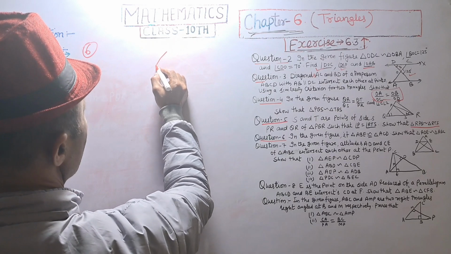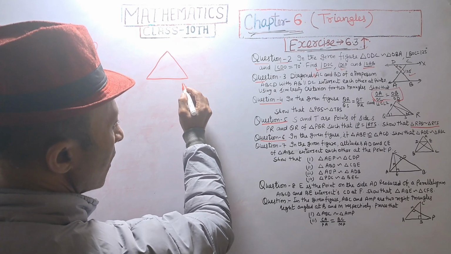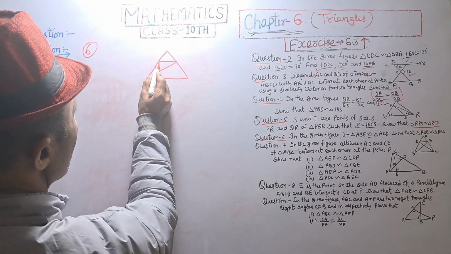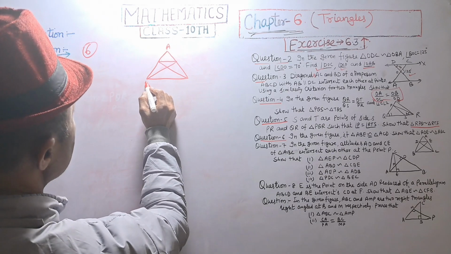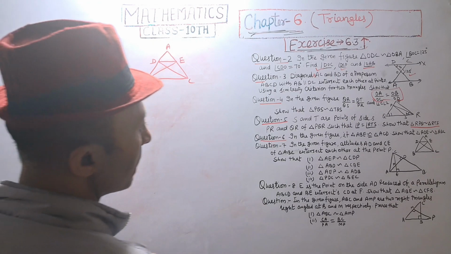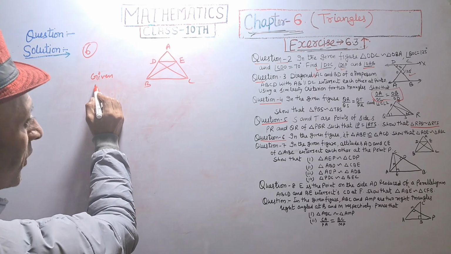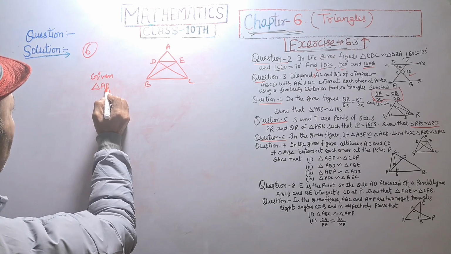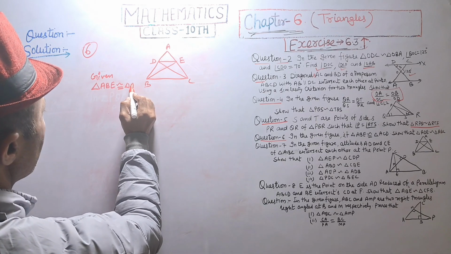Given the diagram with A, B, C, D and E. Given triangle ABE is congruent to triangle ACD.